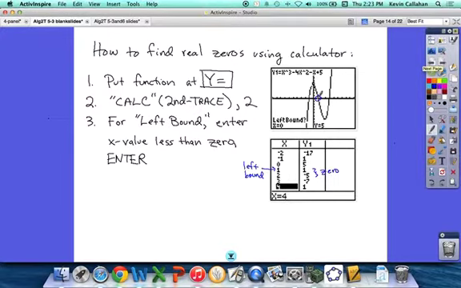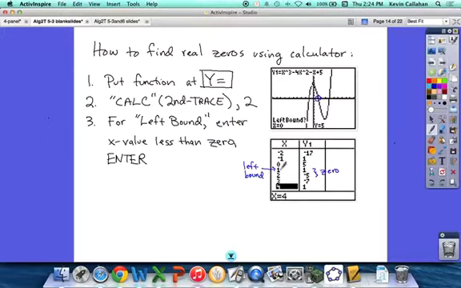Okay, let's find the one in the middle. Remember when we went through the table of values, we said the one in the middle is in between x equals 1 and x equals 2. So let's use those for our left bound and right bound. For the left bound, you're going to go second trace 2 to get back to the same left bound screen.